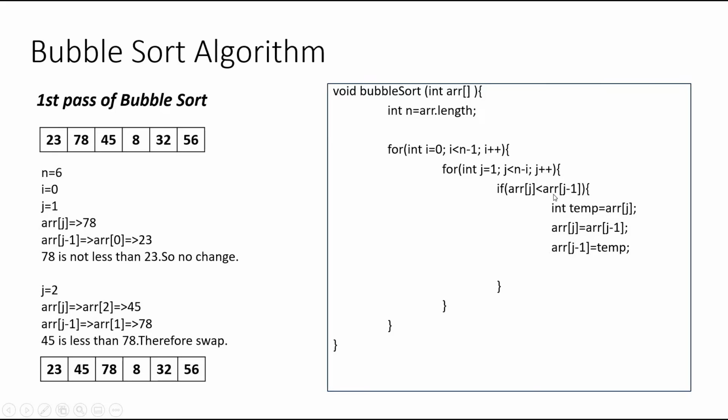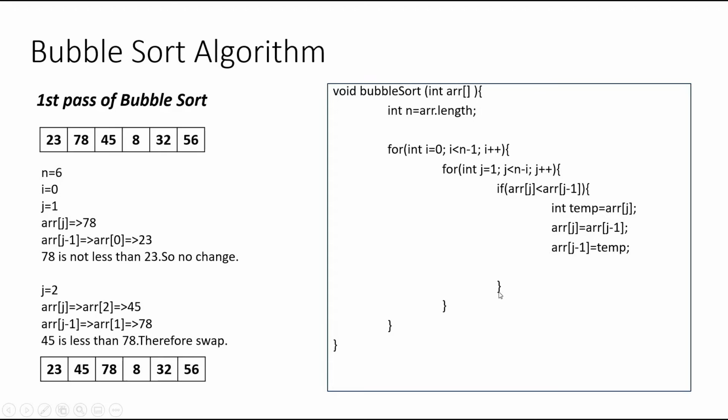This is 78 and this is 23. Is the condition correct? No, right? That means 78 is not less than 23. So there is no swapping. It stays as it is, so no change.